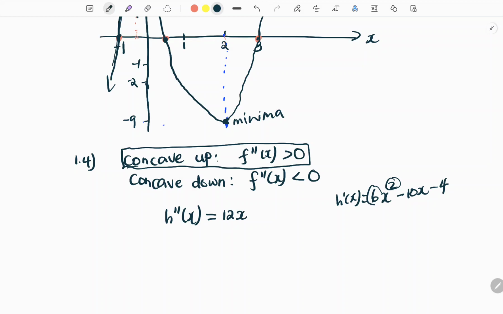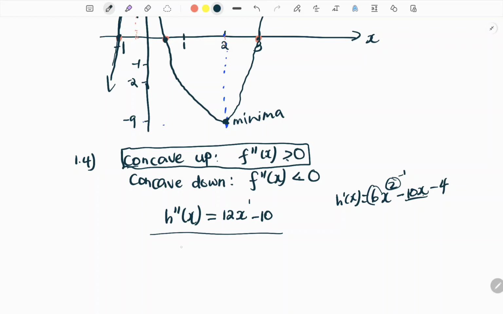Subtract 1 there, and remember it's going to be negative 10, just like that. Then you equate to 0. Oh, sorry, that's the second derivative. So for concave up, if you equate, it's just the point of inflection. So if you use the inequalities, that's for concave up and concave down.